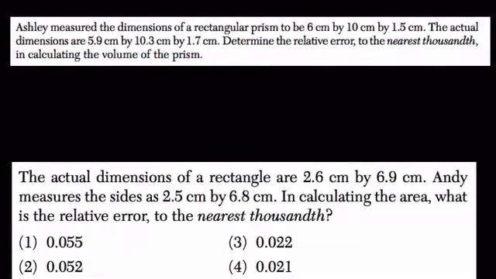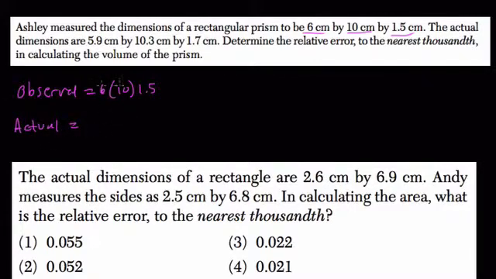Alright, so here, more relative error problems. We did get the dimensions 6 by 10 by 1.5. So that's our observed, right? Observed values for volume, it's 6 times 10 times 1.5. And the actual is 5.9 times 10.3 times 1.7.